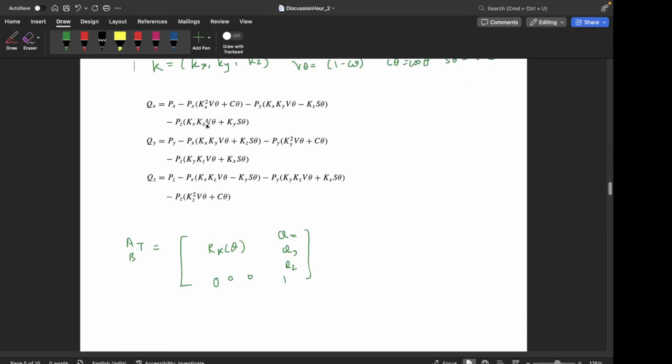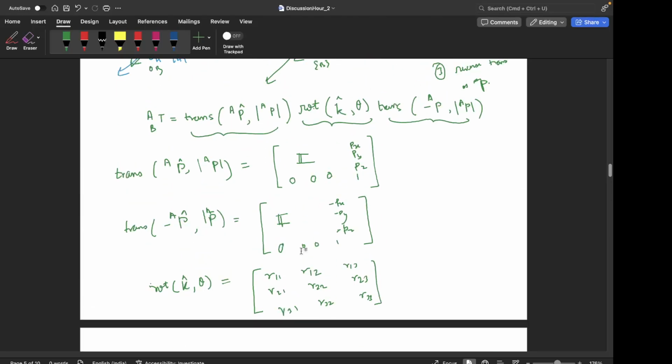Right. So these are the expressions for qx, qy, and qz. And finally, this transformation matrix is represented like this. So what we take from here is how we can combine a general rotation, a rotation about an arbitrary axis, with our translations, and get this combined rotation and translation in the form of a homogeneous transformation. Any doubts here? Anyone? Okay.